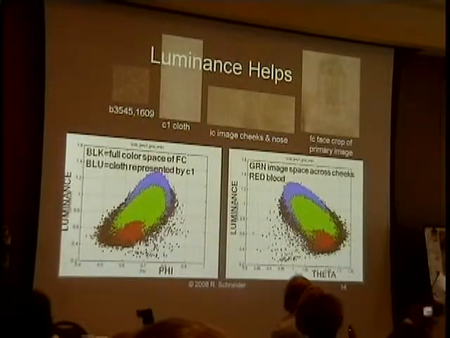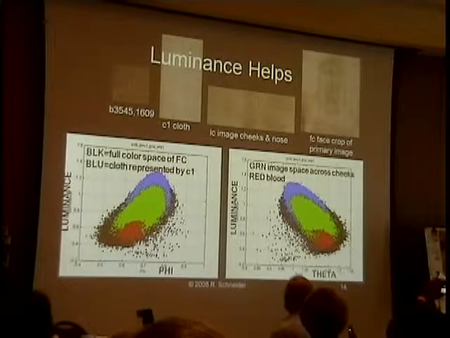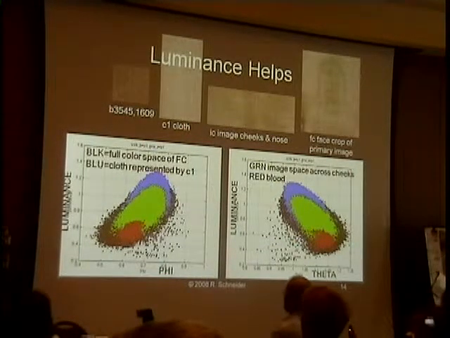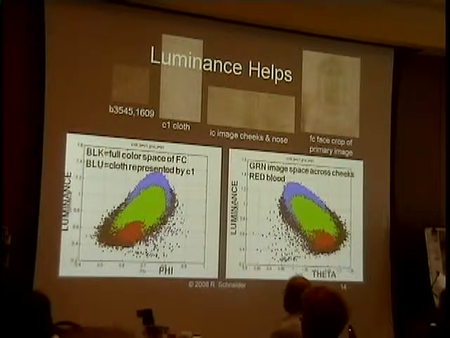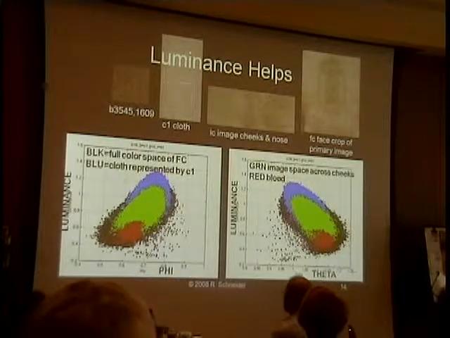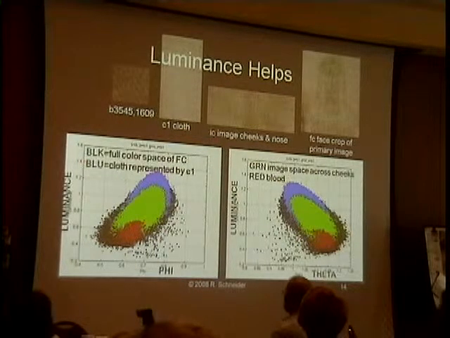If I take these 4 samples and I plot them now, phi and theta are the dimensions that create a color. And then luminance is how bright it is. It's a third dimension of how bright it is. You get a little bit more difference if you take luminance into account.